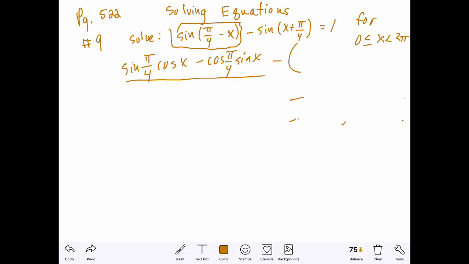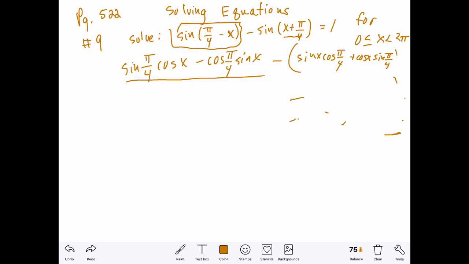And let's now do a sum of A plus B here, sum of x plus pi fourths. So sine of A plus B is sine A cosine B, sine x cosine pi fourths, plus cosine A sine B, plus cosine x sine pi fourths.